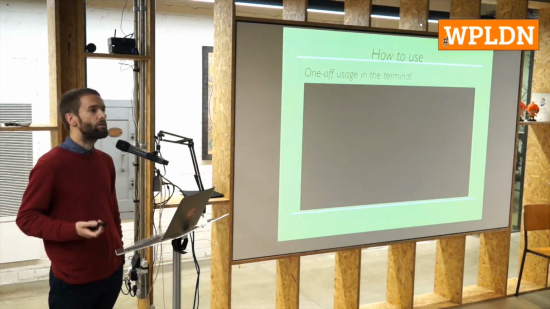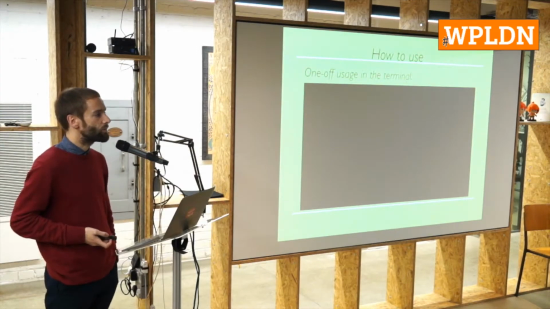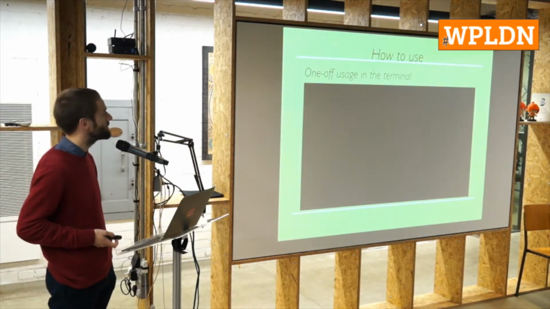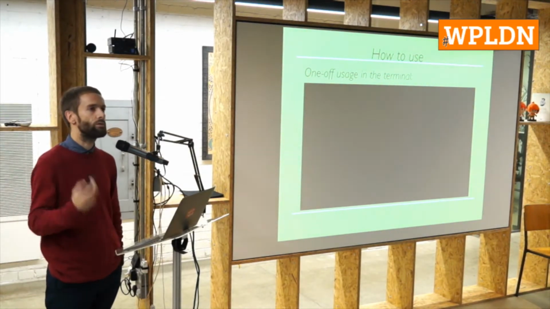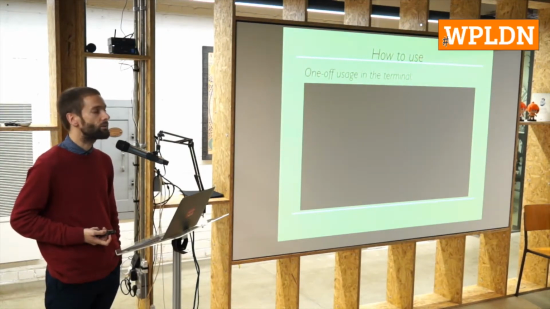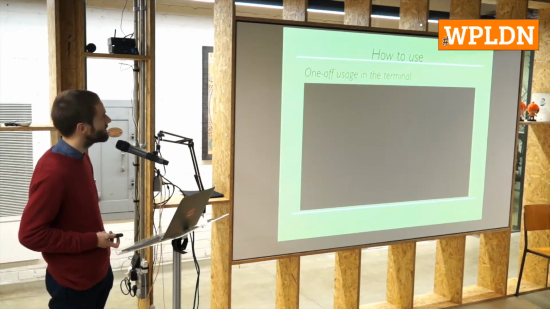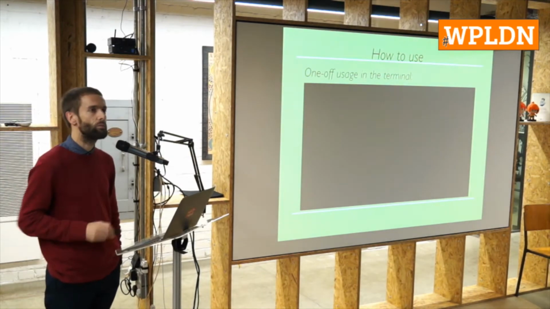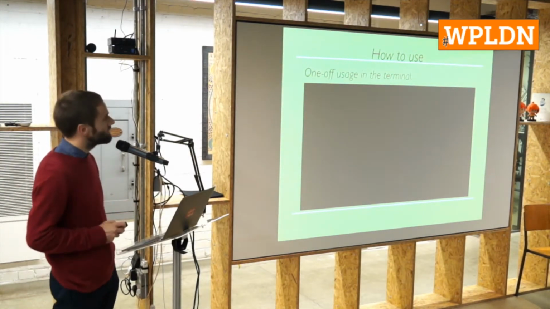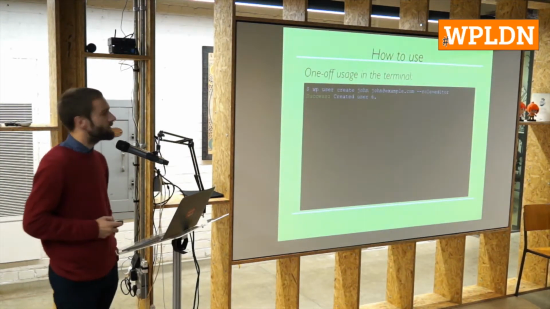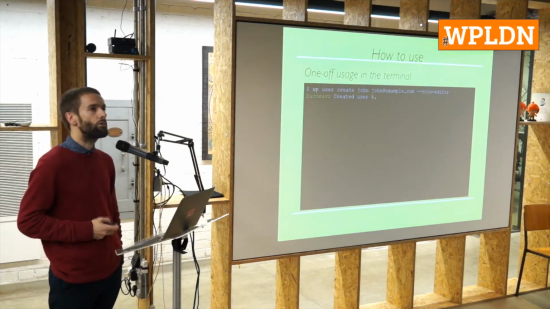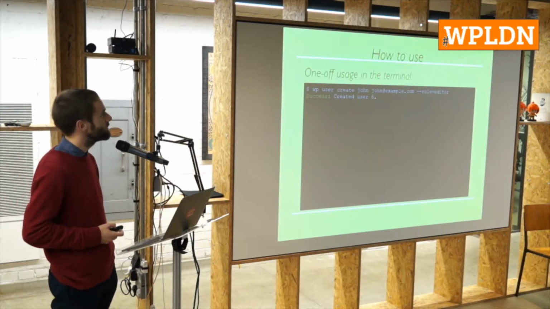So there's two ways of using WP-CLI. Probably the most common, or the most usable for beginners anyway, is by typing commands in the terminal on your computer, one-off commands. For example, this command here called WP user create creates a user and adds them to your WordPress website.